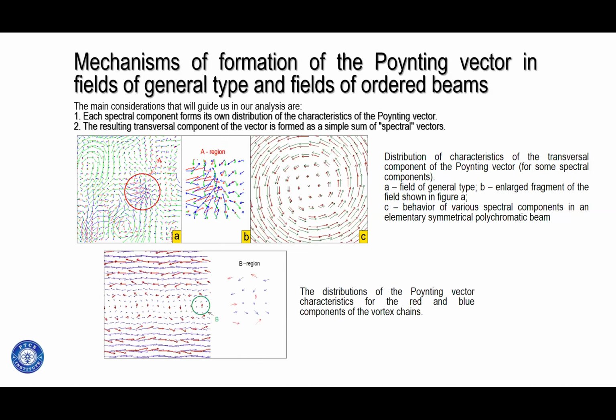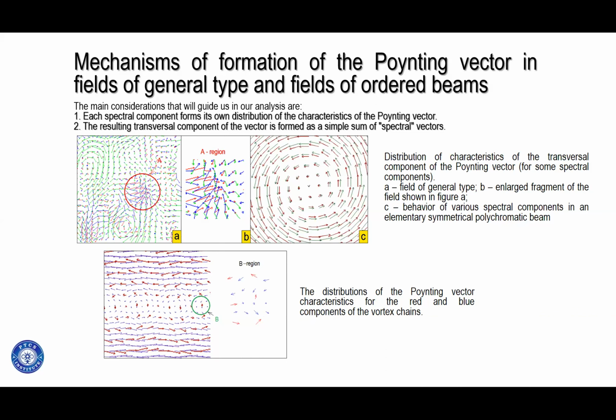Note that such a situation is not always realized for beams with central symmetry of wave parameters. As an example, we present the distribution of the Poynting vector for the red and blue components of a chain of vortices. As we can see, at least a decrease of the resulting average magnitude of the Poynting vector compared to the coherent case is observed.